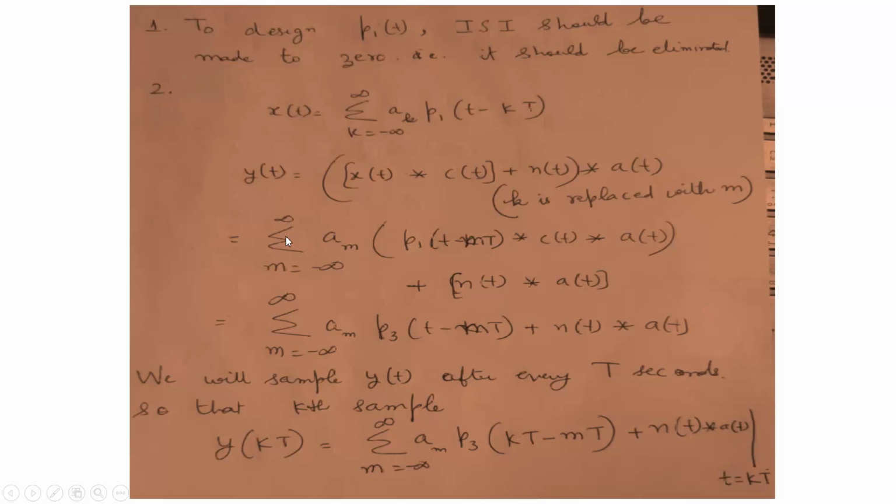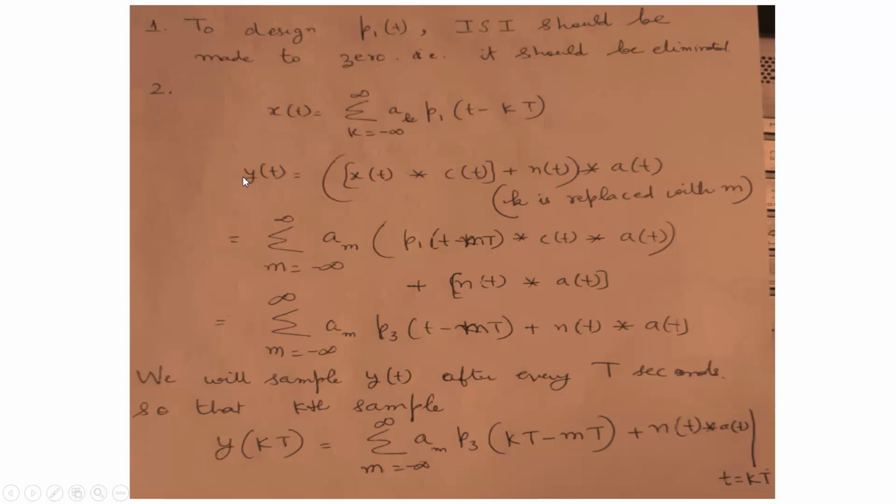And after receiving this waveform, that means this is my received signal, and this received signal has to be sampled at every T seconds, capital T seconds. Every symbol period it has to be sampled, because when we sample at every capital T seconds, then the signal to noise ratio we achieve will be the maximum. Now we will sample y(t) after every capital T seconds, so that is the kth sample. Now this y(t) is a variable, small t is there.